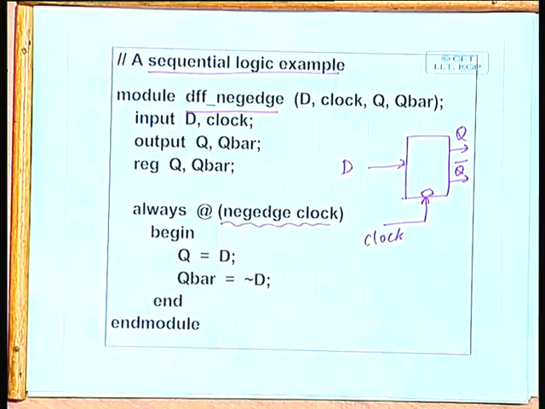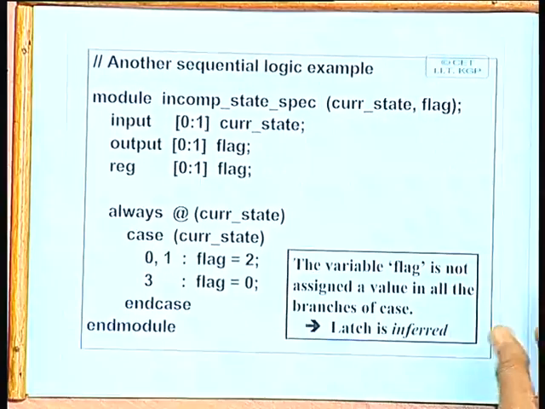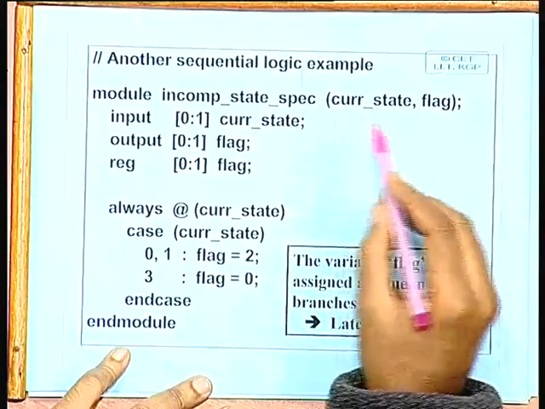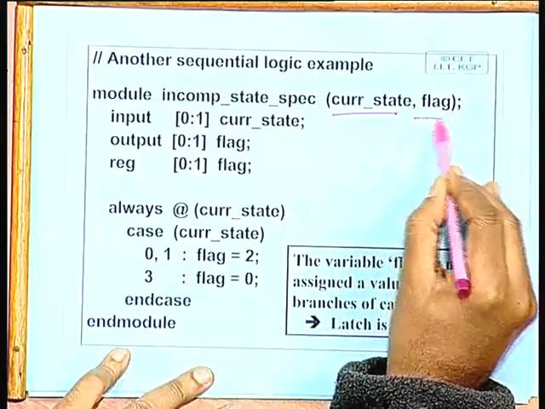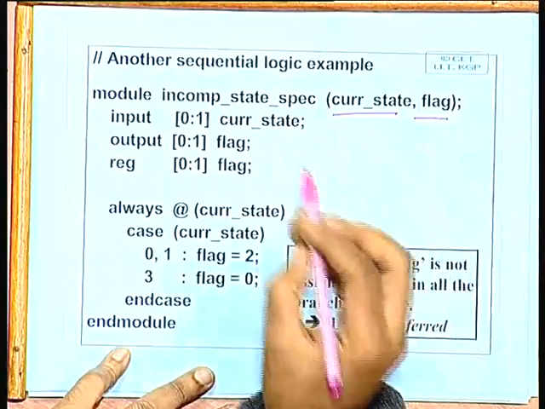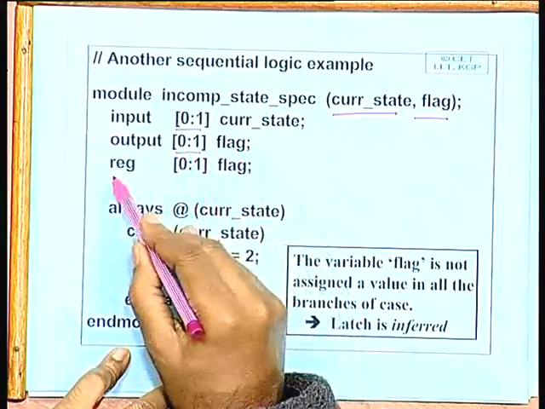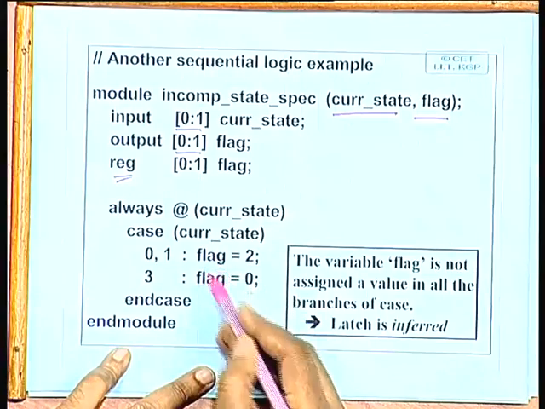Now, let us look at an interesting example. This is some specification where you have two parameters to this module, current state and flag. Current state is a 2-bit vector, flag is also a 2-bit vector which is declared to be reg, because we will be using it on the left hand side inside always.